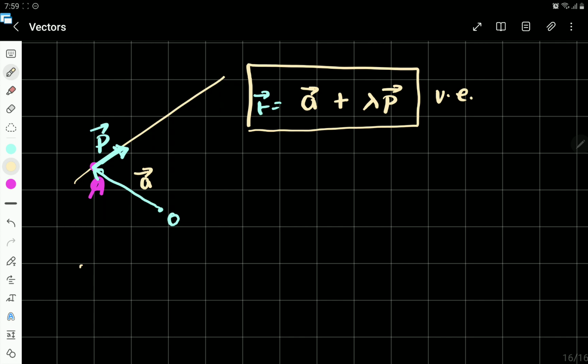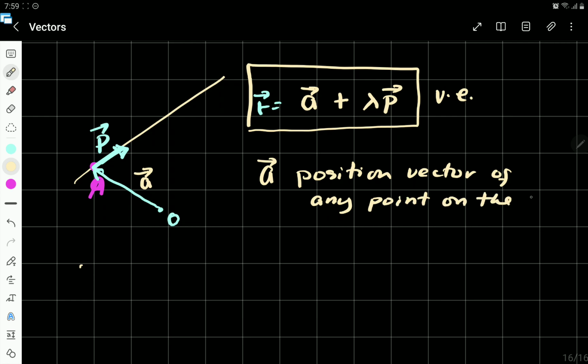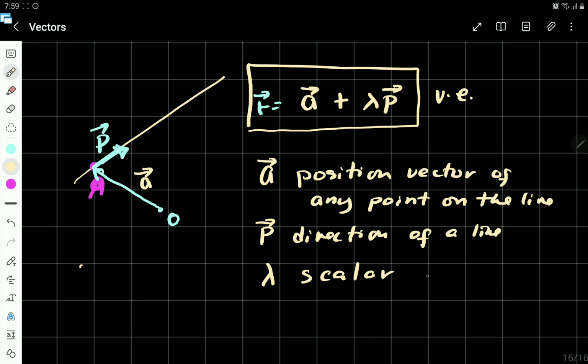Vector equation of a line, wherein a is the position vector of any point on the line, while p is the direction of the line, and λ is a scalar, where λ belongs to the set of all real numbers, because it can be a positive number, a negative number, a fraction, a decimal, or a radical.